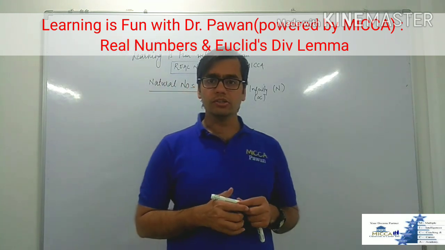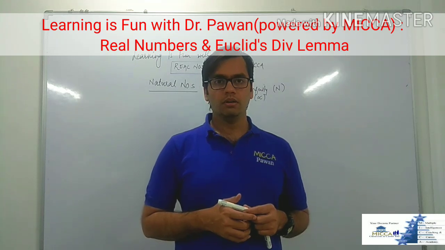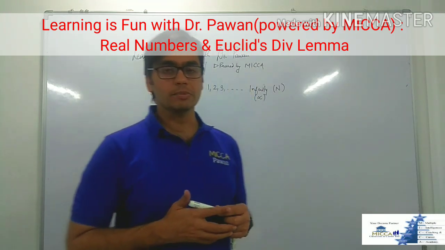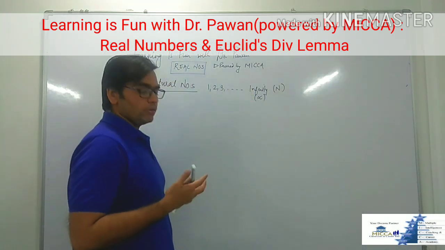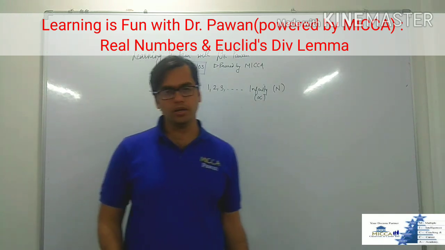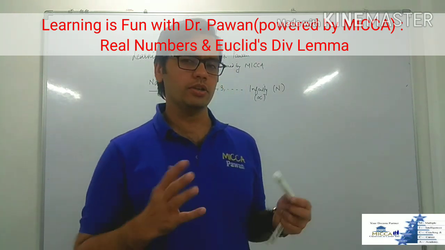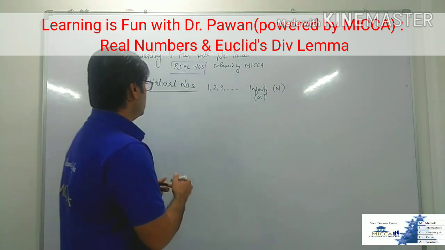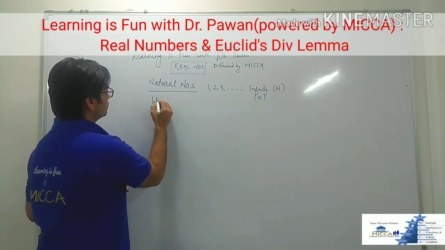Then, when 0 got discovered, of course, Aryabhatta has been given the credit of discovering 0, men got thinking, why not include this 0 as well in the set of numbers? And that's how we came to whole numbers.